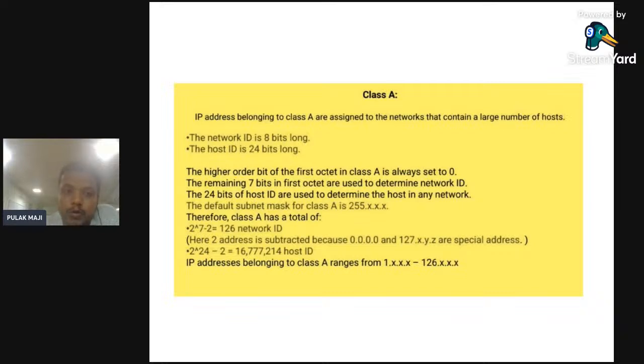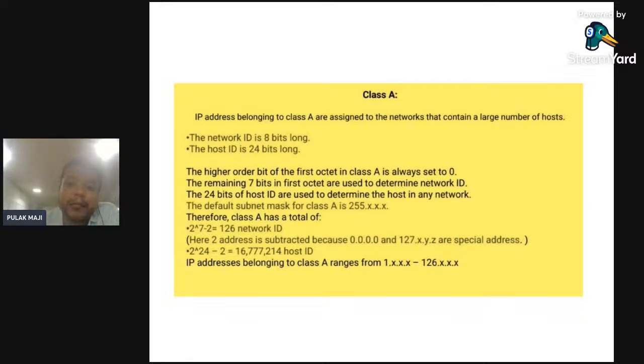If I use class A, 2 to the power 24 means it's millions, a huge amount of IP addresses, and from that I have to take only 300. So how much is wasted? A huge number of IP addresses is wasted. Similarly, if I use class B, 2 to the power 16, maybe around 16,000 addresses will be there.